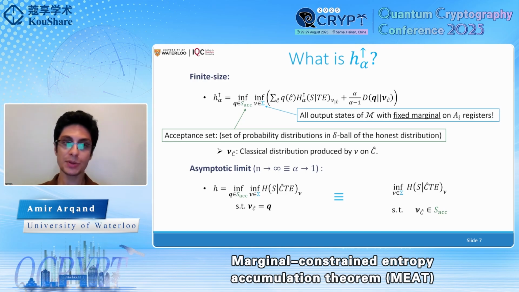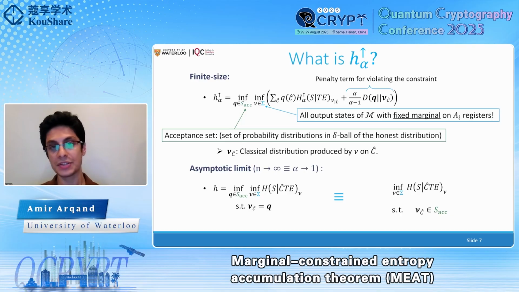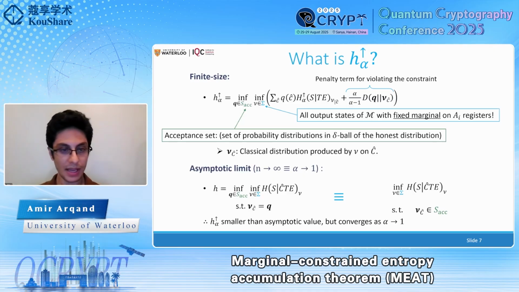Now, if you compare this to the finite size case that we had, this hard constraint optimization is transformed into a soft constraint by having this penalty term, this classical relative entropy term, acting as a penalty for violating the constraint where the distribution goes outside of the acceptance set. And so we can see that this single rank quantity in the finite size regime is smaller than the asymptotic one, but converges to that one as alpha goes to 1.